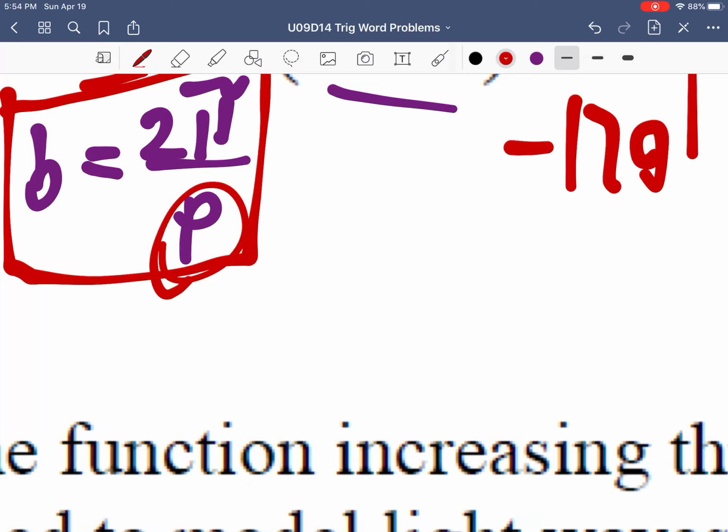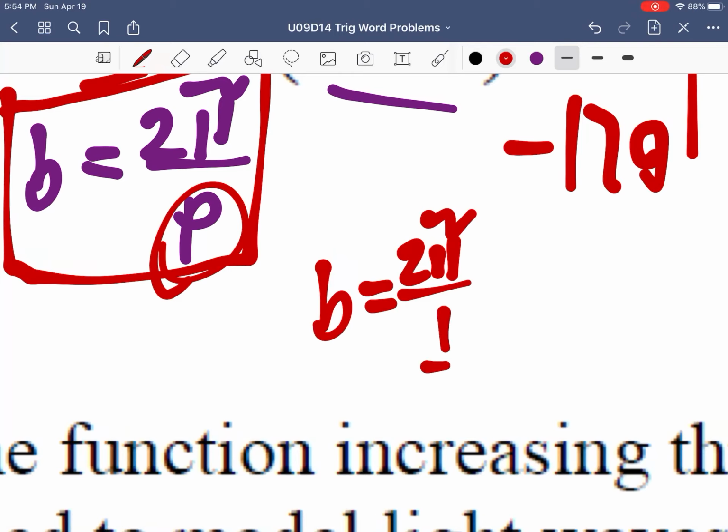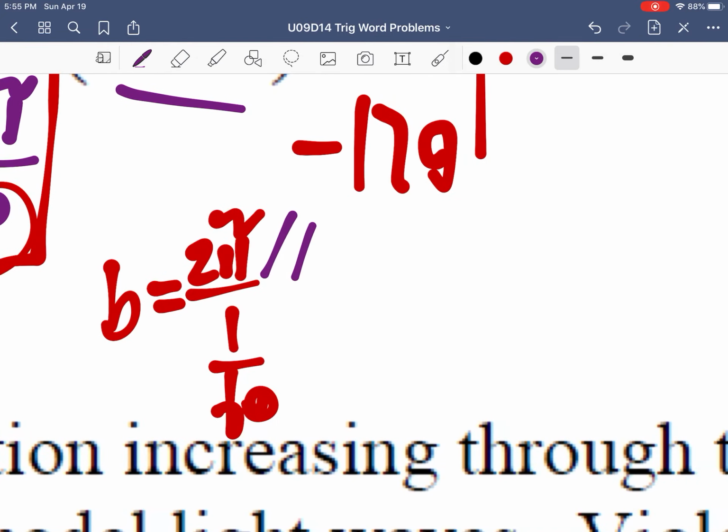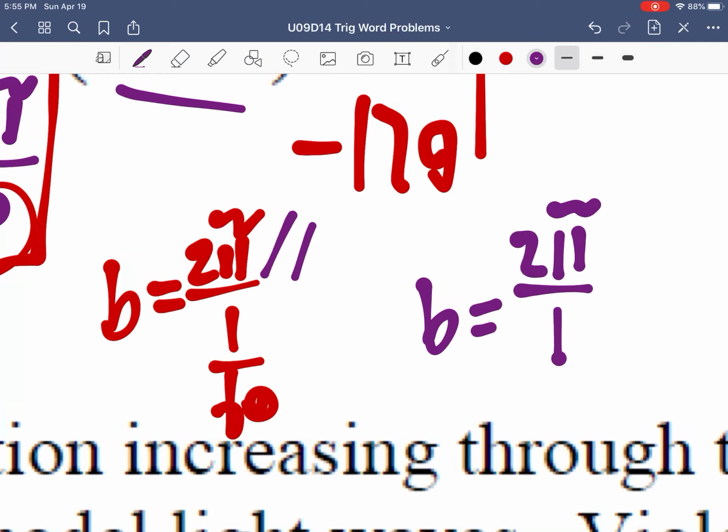So the frequency is going to be equal to 2 pi divided by 1/60th. So I'm going to turn the numerator into a fraction so we can use keep, change, flip. So that means that the frequency will be equal to 2 pi over 1, and we're dividing, so we're going to change division to multiplication, and we're going to find the reciprocal of the fraction.